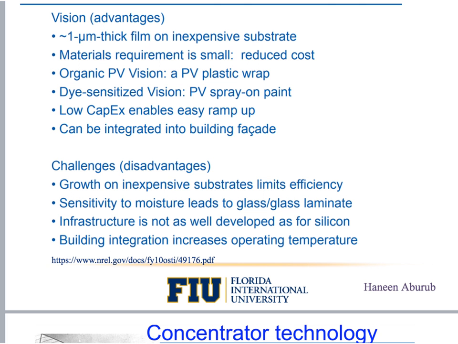Now what are the advantages of thin film solar PV? One advantage is that the material required is small, and this reduces the cost. This is unlike crystalline silicon, which requires thick silicon material.